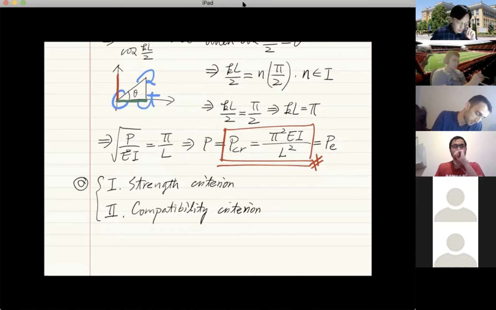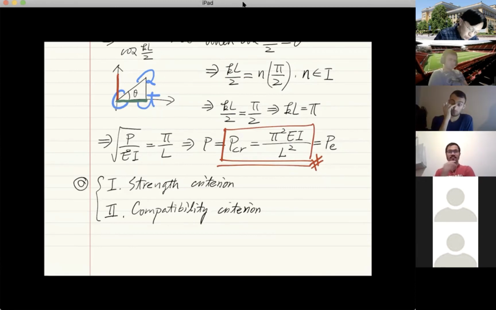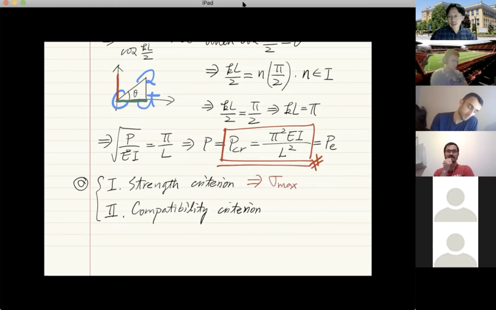Today, in all structural designs, both criteria must be considered. The strength criterion is very simple. It's just to make sure that the maximum stress caused by the loading must be less than the maximum strength.